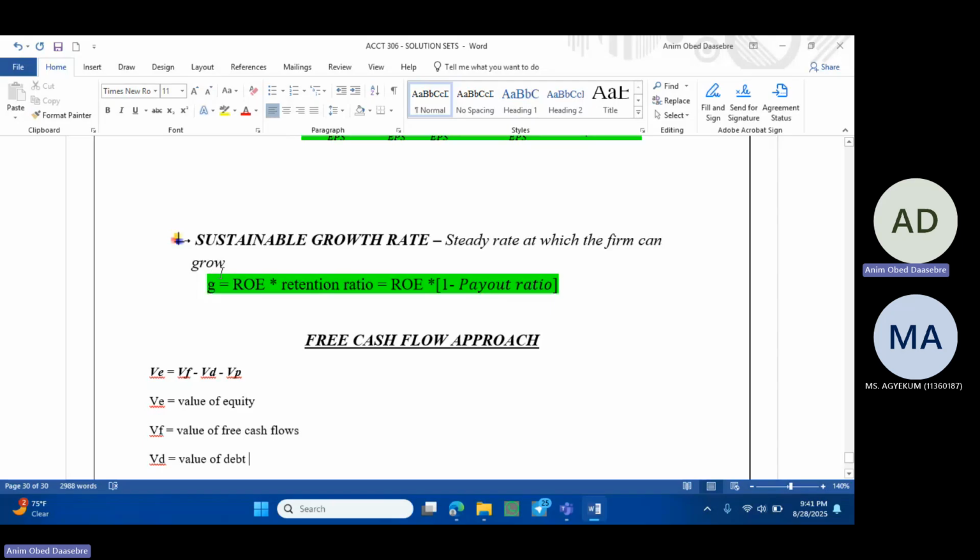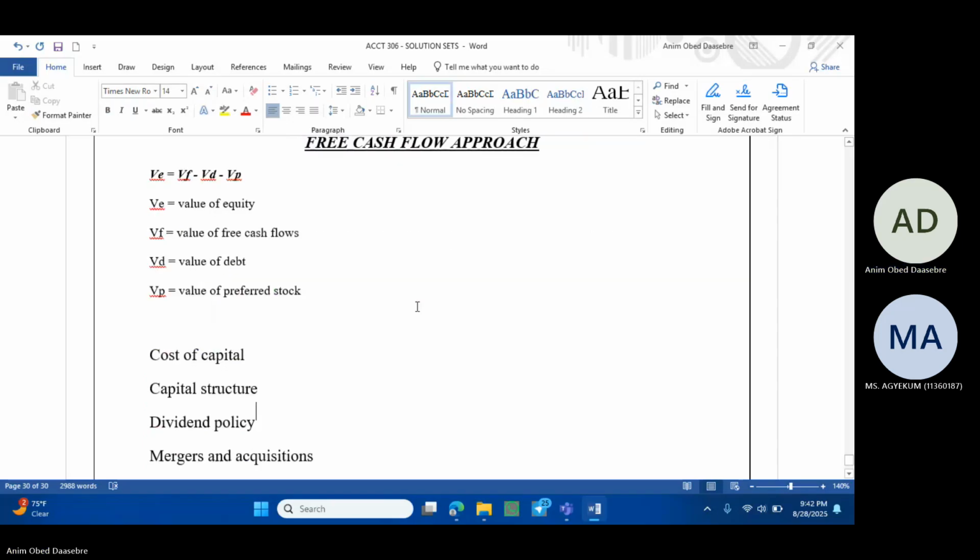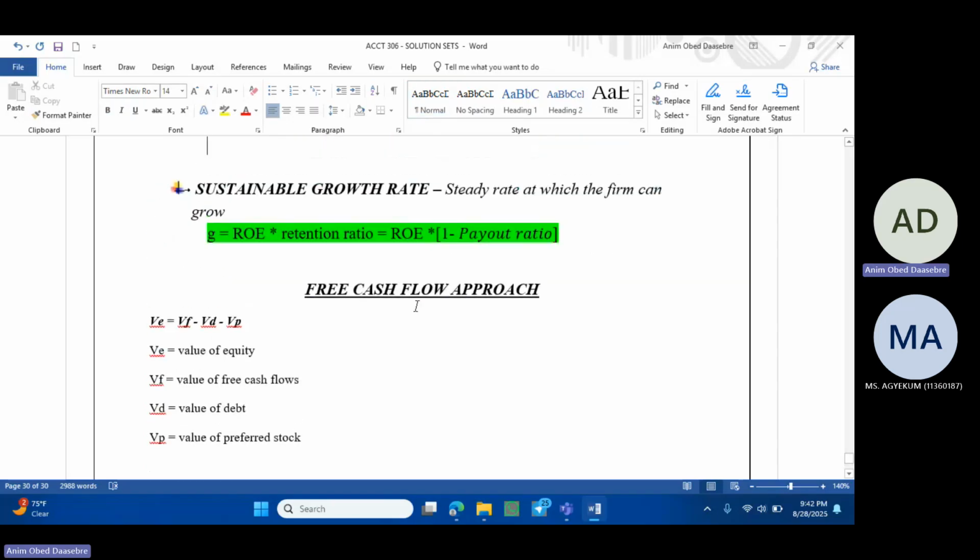It's your return on equity times the retention ratio. Return on equity, ROE, times retention ratio. Then you get your growth rate to be used for computing your price of equity. So we are done with the notes.